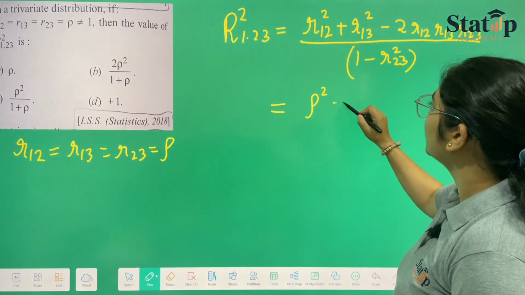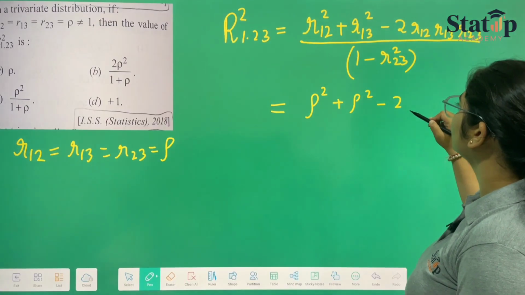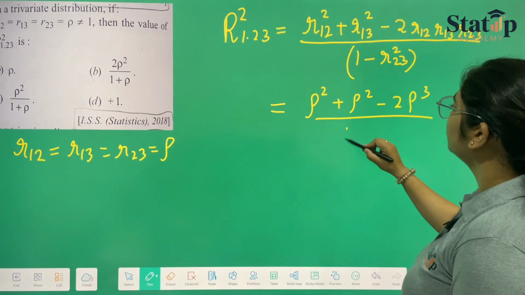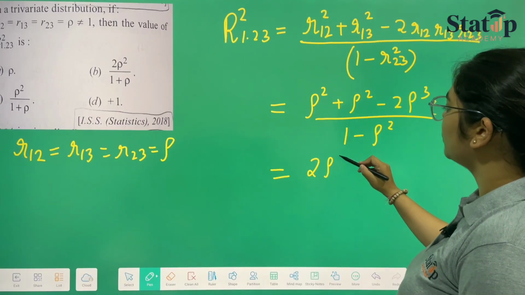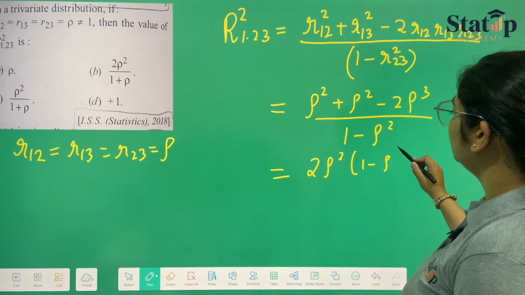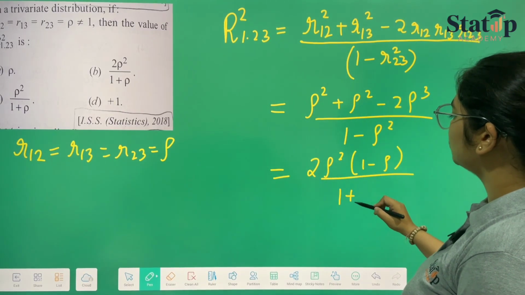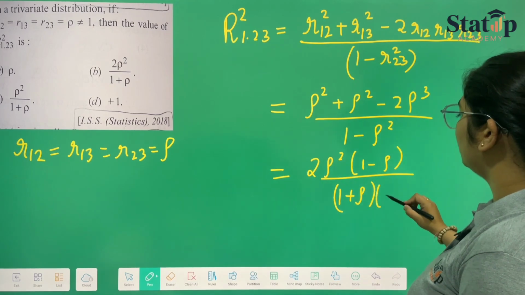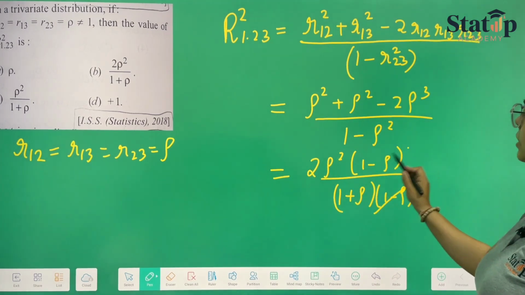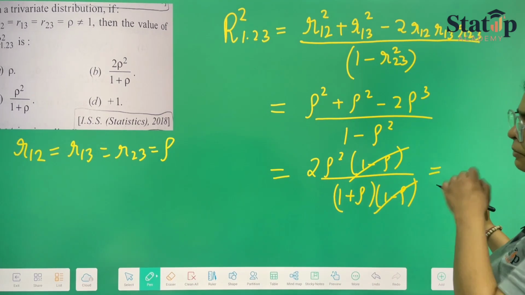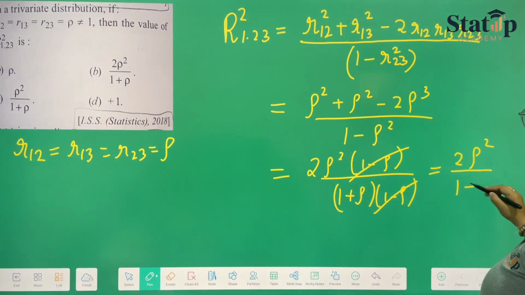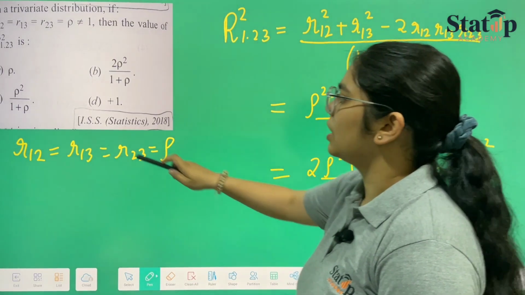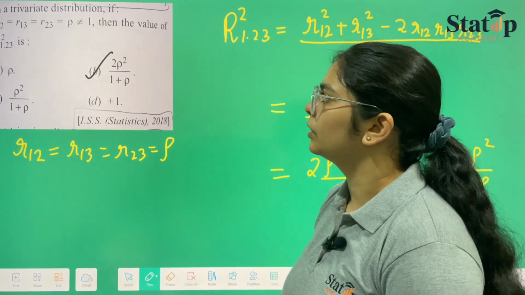Rho square plus rho square minus 2 rho cube upon 1 minus rho square, which will be 2 rho square into 1 minus rho upon 1 plus rho into 1 minus rho. Here 1 minus rho will get cancelled, and we will have the answer 2 rho square upon 1 plus rho, which is our option D here.